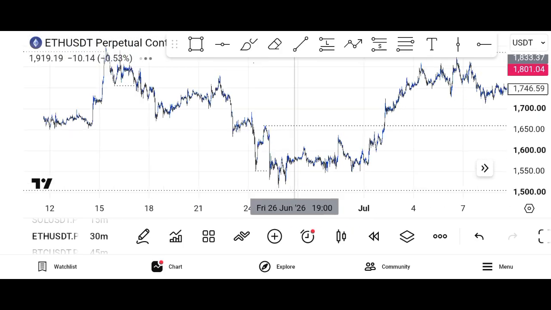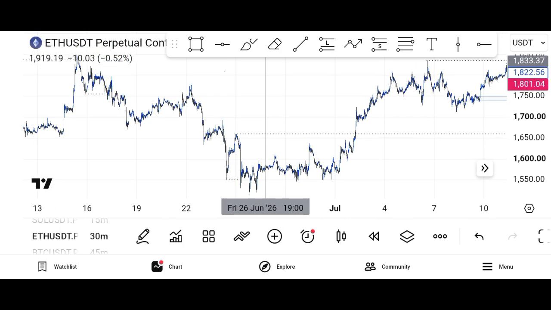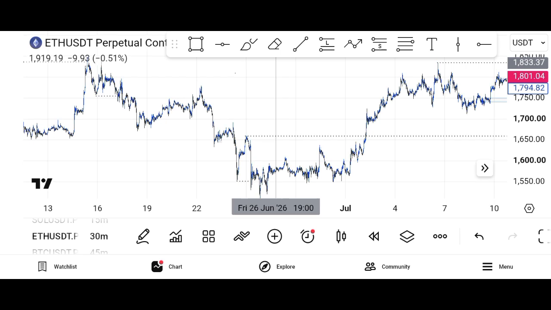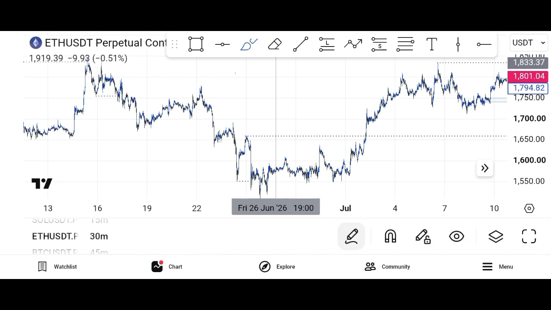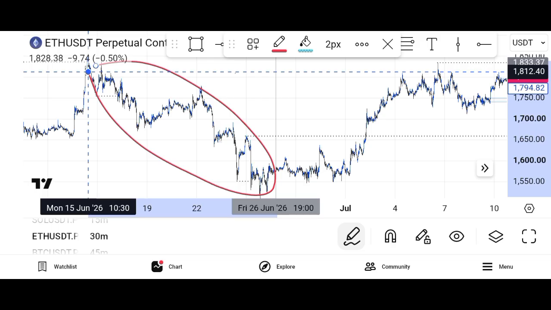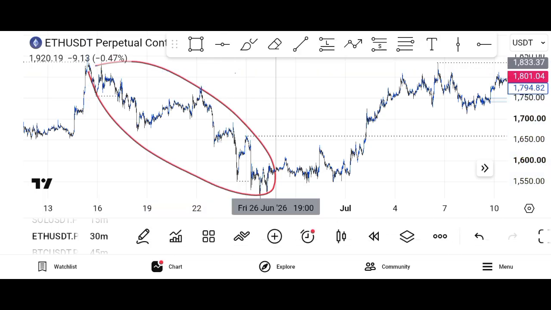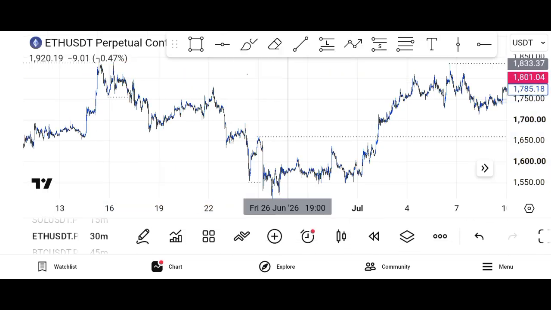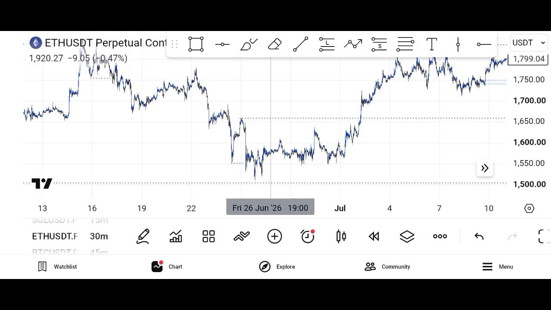If you see what Ethereum is doing over here, at this point we can clearly say that Ethereum was selling all through this range, because you can see that it's creating a series of lows and highs, and it's headed down.